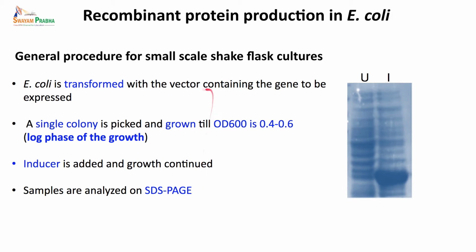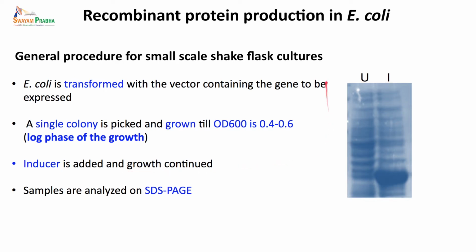Of course, there are many standardizations in this procedure that need to be carried out. For example, you may decide to do the induction at lower temperature or higher temperature. You may need to standardize the temperature at which the best amount of protein is produced. You may have to standardize how much inducer to add, and all those kinds of things have to be standardized.